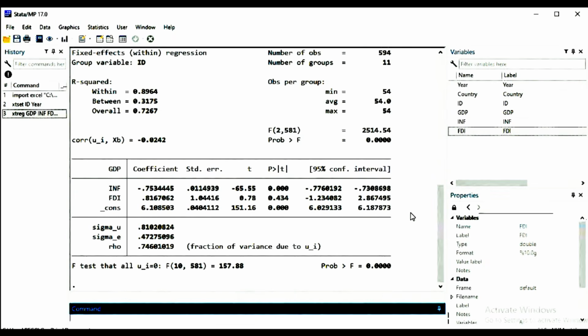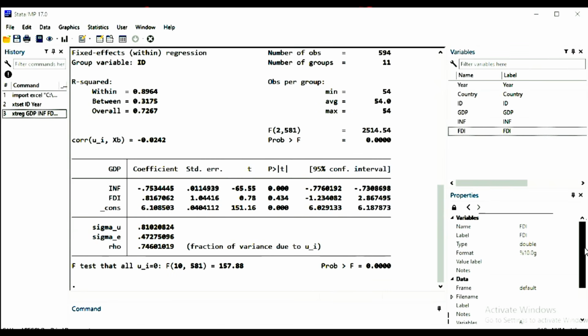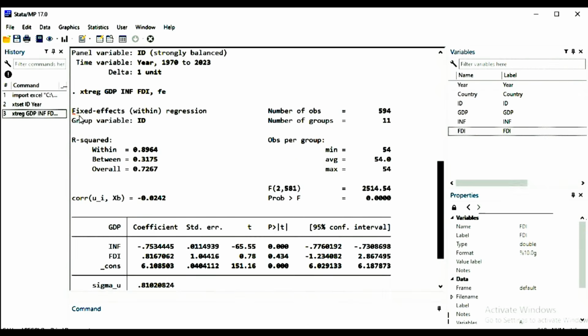As you can see here, we have generated these outputs through the fixed effects regression. Let's examine these results one by one. The nature of the estimation is fixed effects within regression.